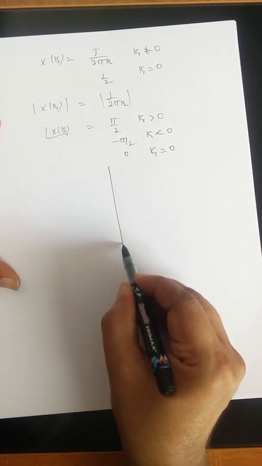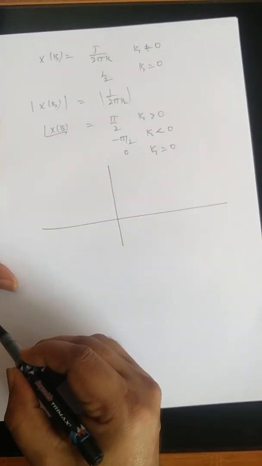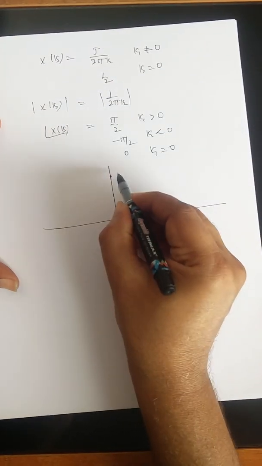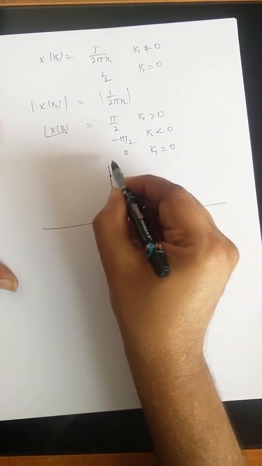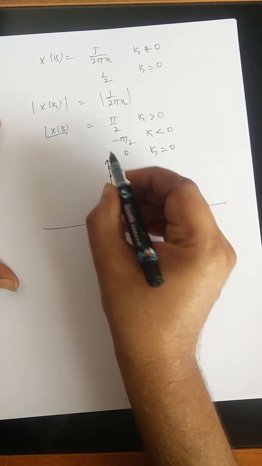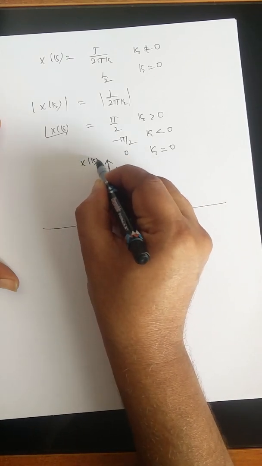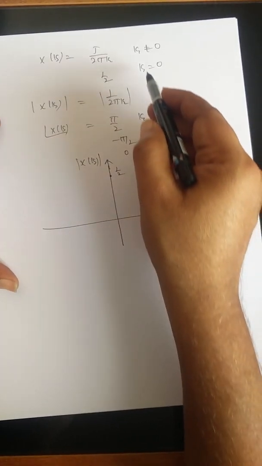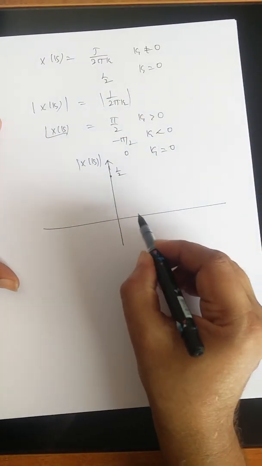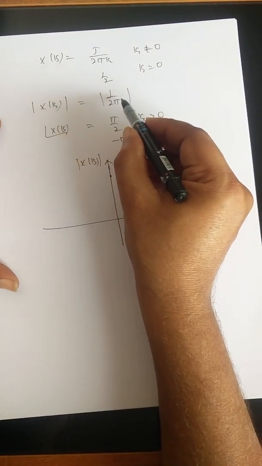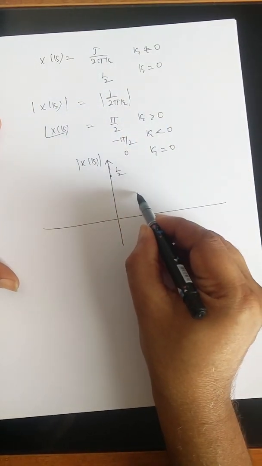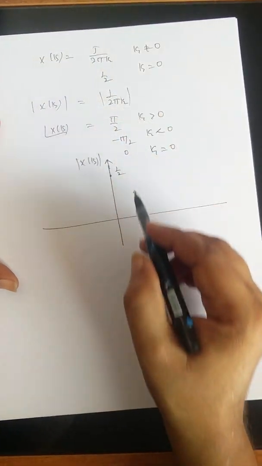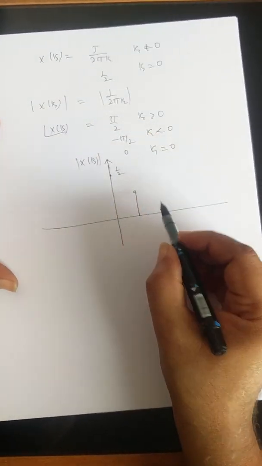This is the magnitude spectrum. When k is equal to 0, its value is 1 by 2. This is the magnitude of x of k. Next, when k is equal to 1, it will be 1 divided by 2 pi. When k is equal to 2, it will be 1 divided by 4 pi.